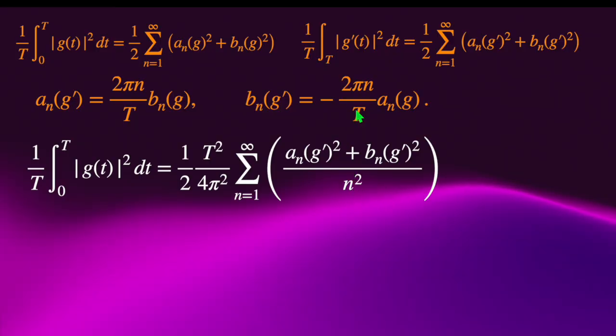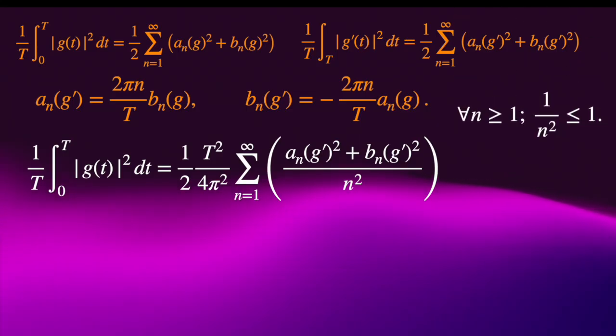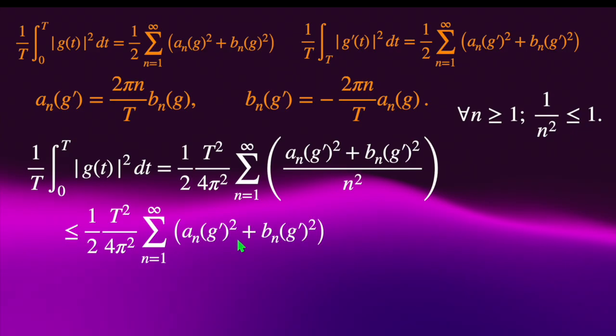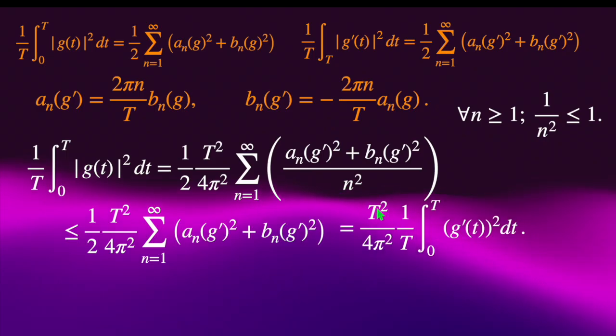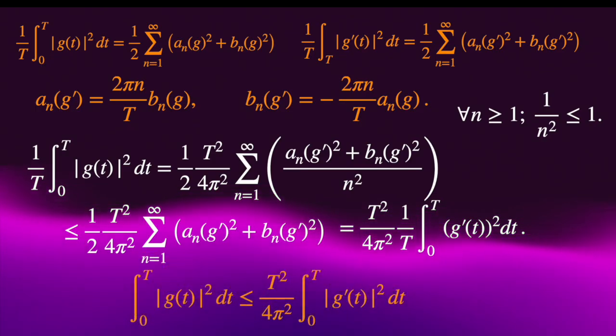We must deal with the coefficient 1 over n squared, but 1 over n squared is less than or equal to 1, so we get this inequality, and we can see that we have this relation. So we have almost done. We simplify by T squared and by 1 over T, and we get what we want.